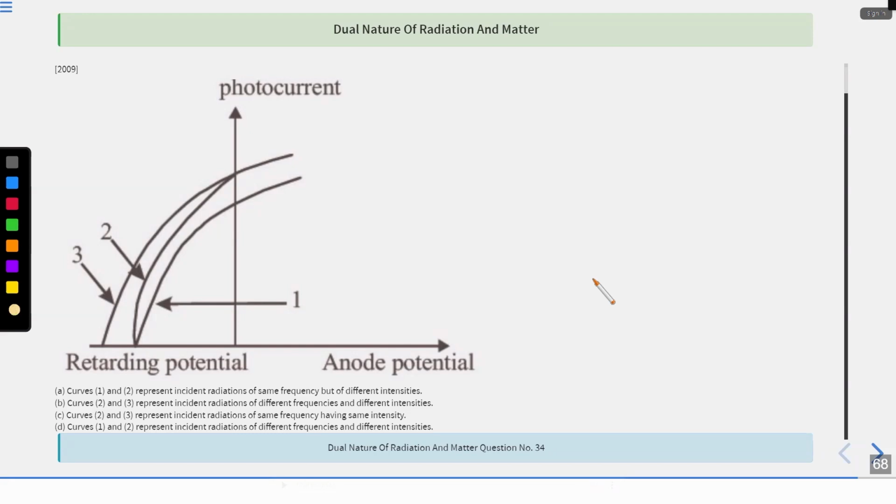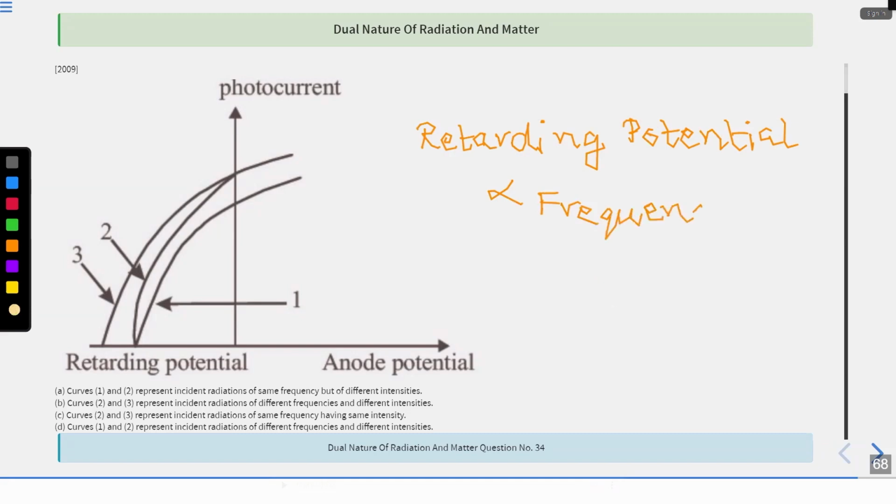So, how do we decide this? We know that the retarding potential depends on the frequency of the incident radiation.